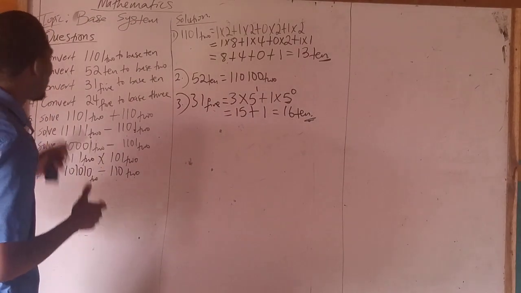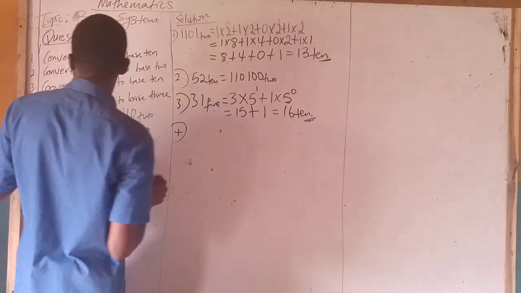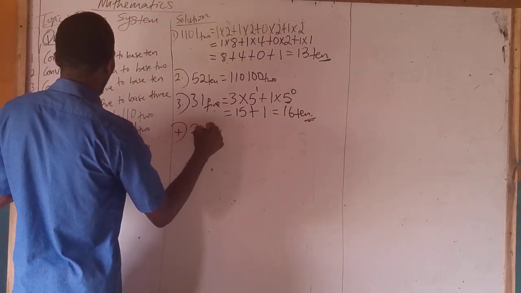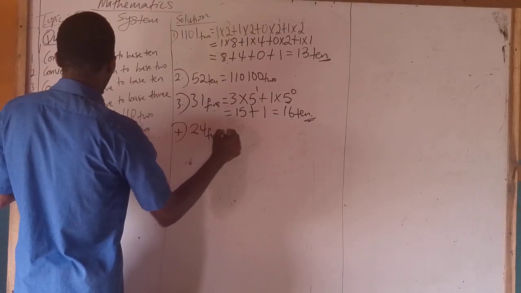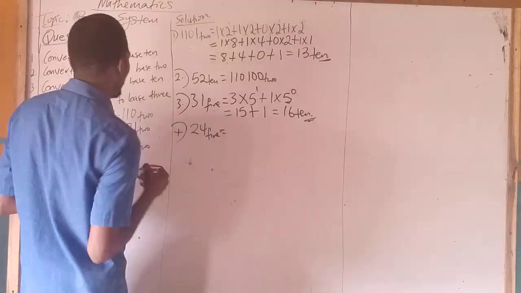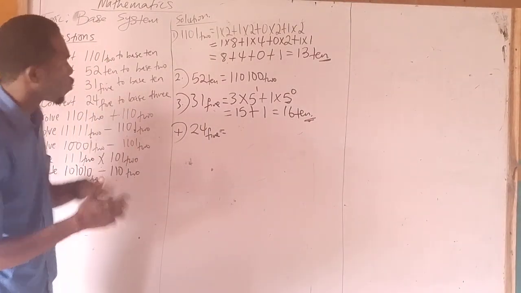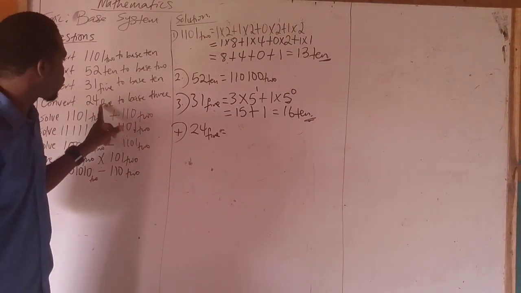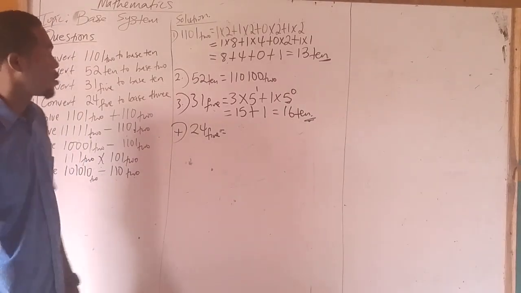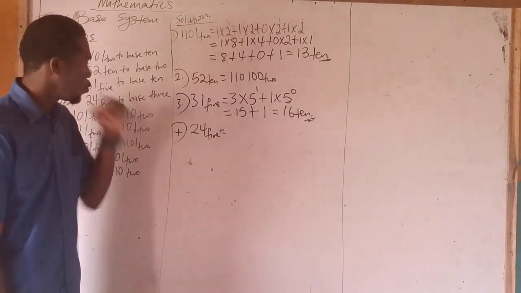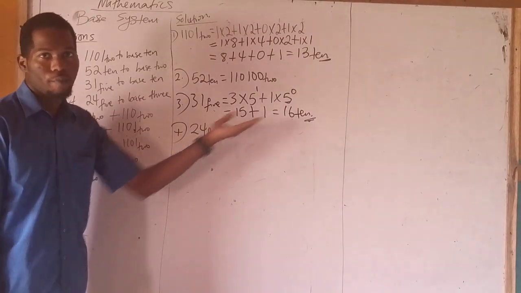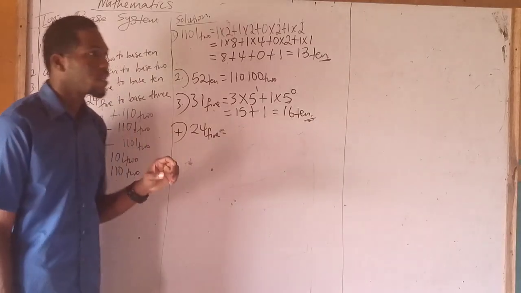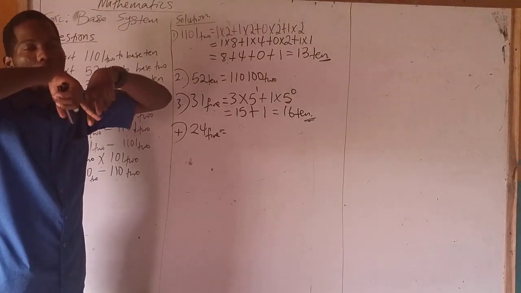Then we also have number 4. Number 4, we have 24 base 5 to convert to base 3. So this asks us to convert base 5 to base 3. Now how do we do this? The first thing we need to do is convert base 5 to base 10, because 10 is like at the center of every other base.